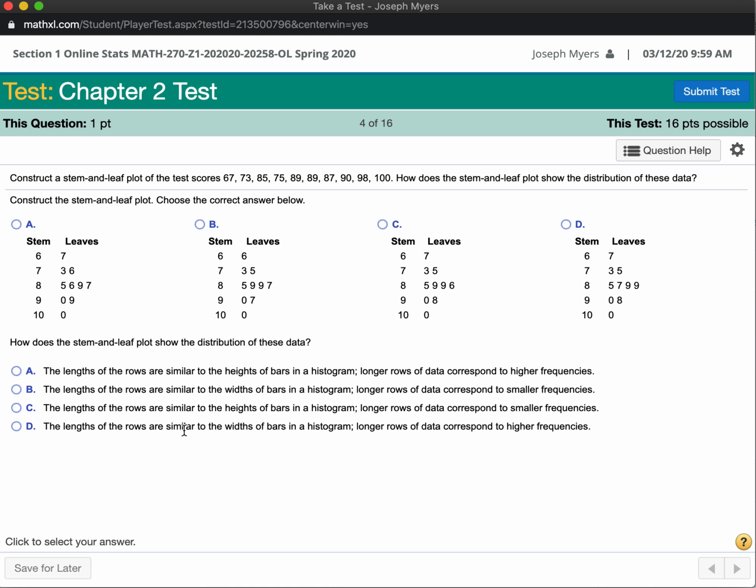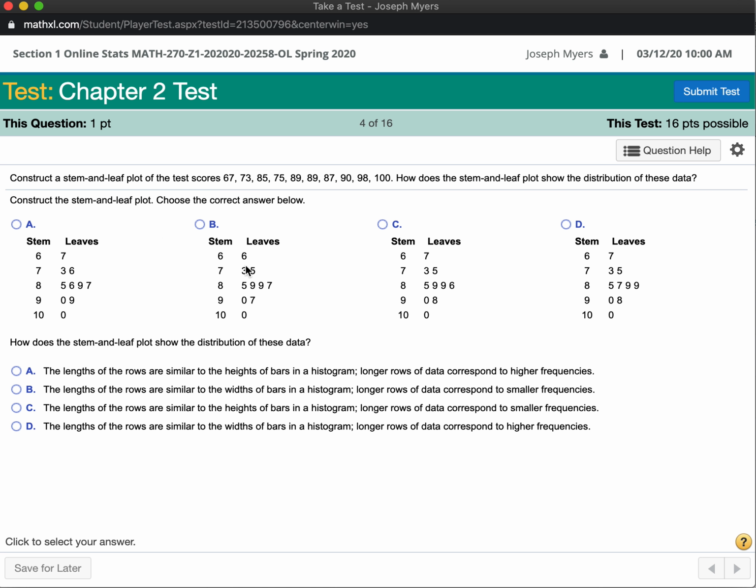So construct a stem and leaf plot of the test scores. 67: so 6 would have a 7 after it. 7 would have a 3 after it, and a 5, because there's also 75. 8 would have a 5, a 9, 9, and a 7, because there's an 87.